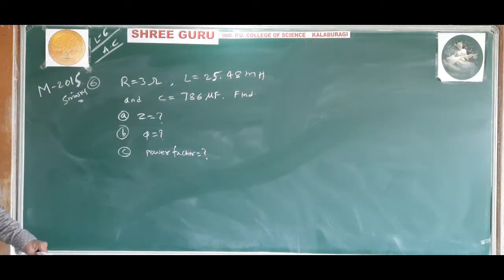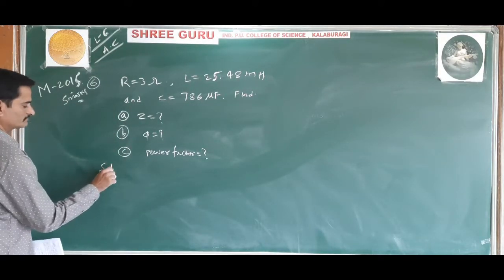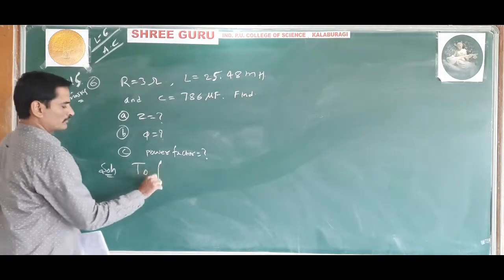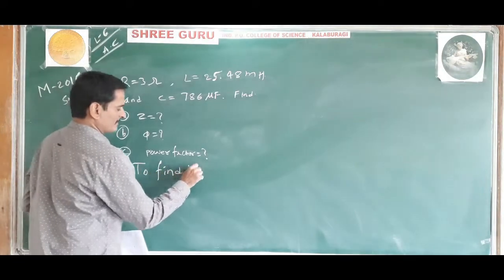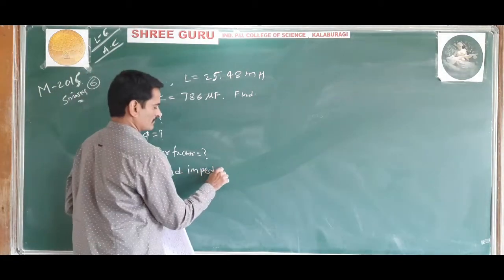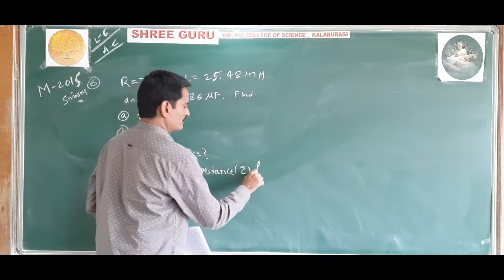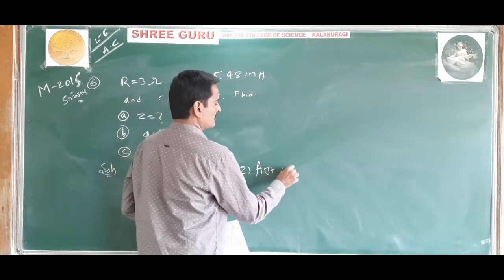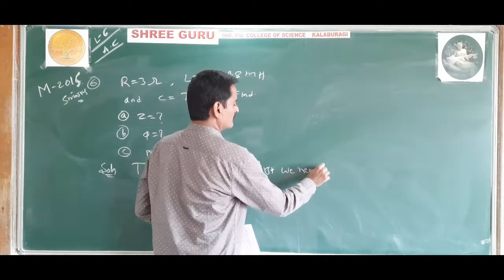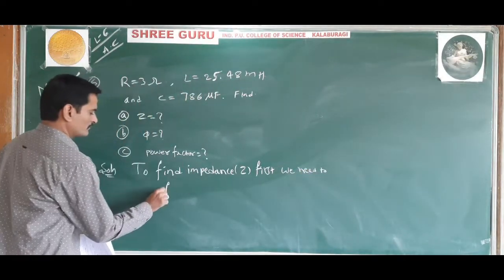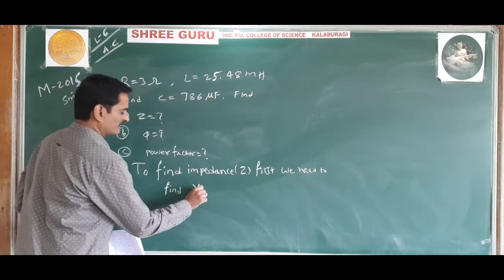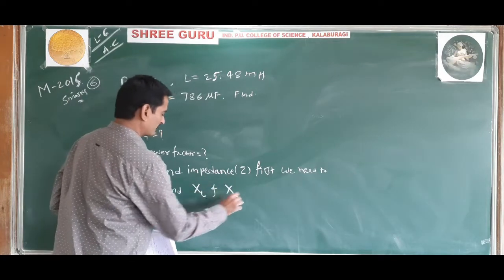So to find impedance, that is the solution. To find impedance Z, first we need to find XL and XC.